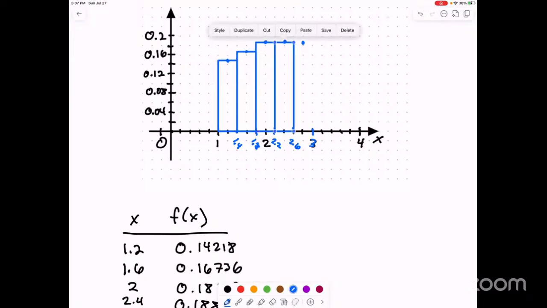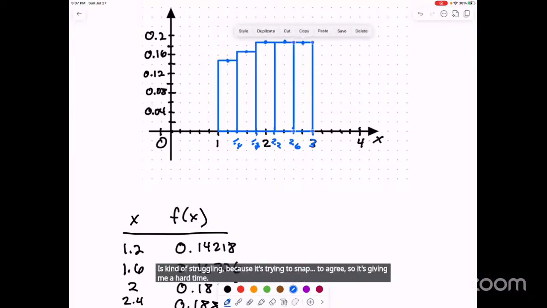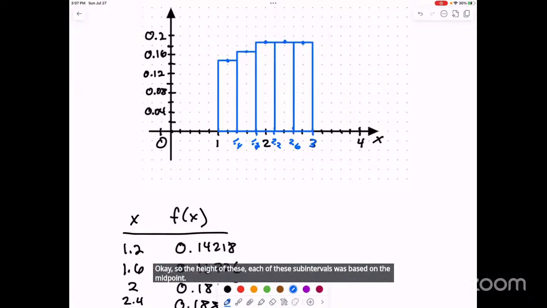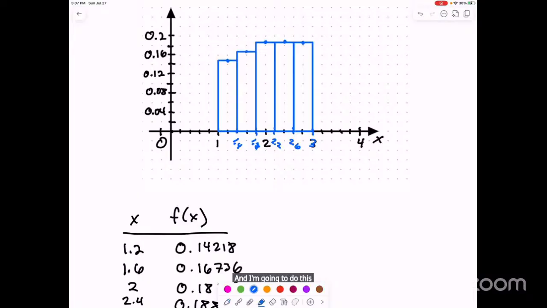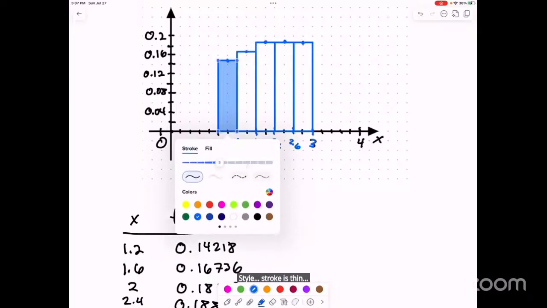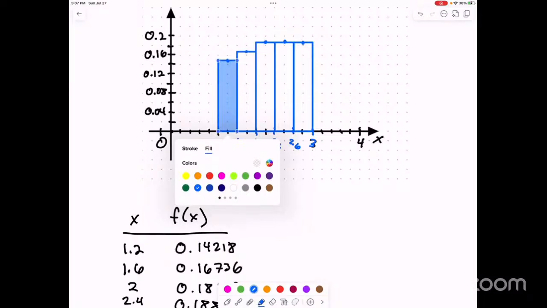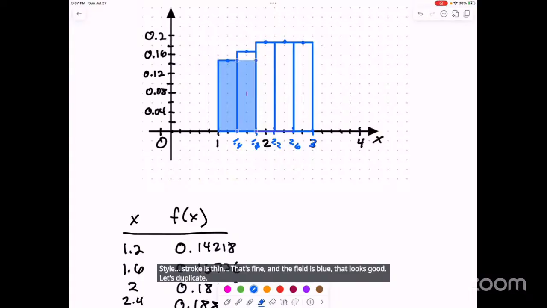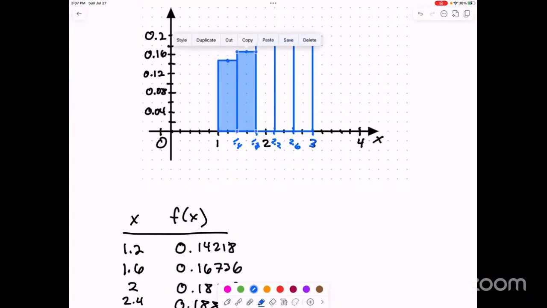It's kind of struggling because it's trying to snap to the grid, so it's giving me a hard time. Okay, so the height of each of these subintervals was based on the midpoint, and I'm going to do this real quick. Okay. Style, stroke is thin. That's fine, and the fill is blue. That looks good. Let's duplicate. Okay, and duplicate.